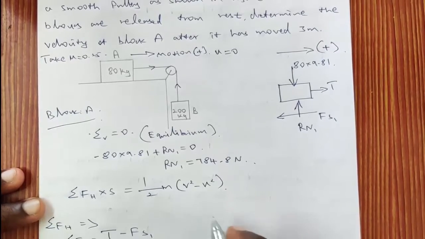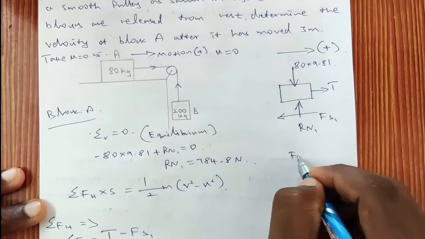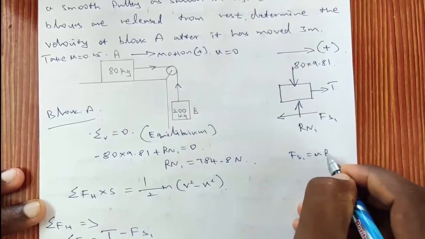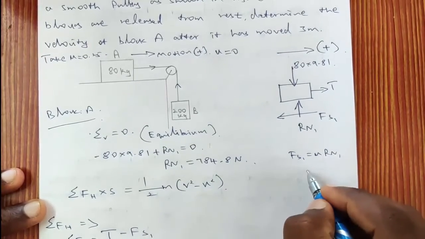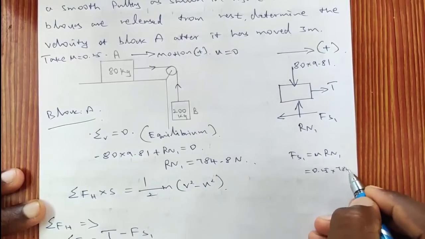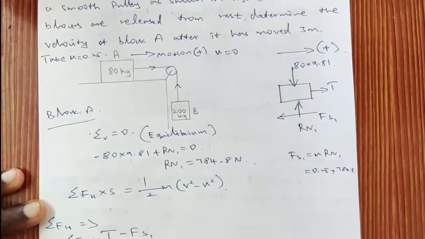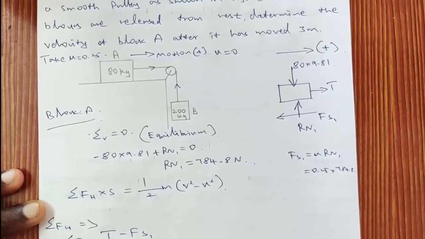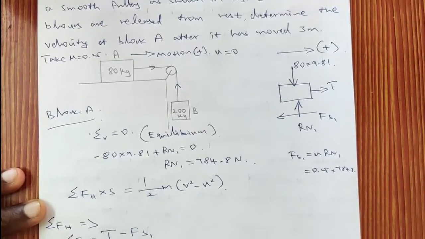And we know that this Fs1 is equal to mu into Rn1. The mu is 0.25 and Rn1 is 784.8. We can substitute that. So sigma Fh is equal to T minus 196.2 Newton. So this is the summation of horizontal forces.